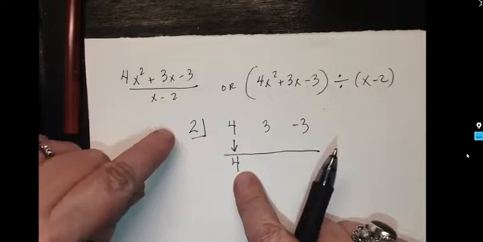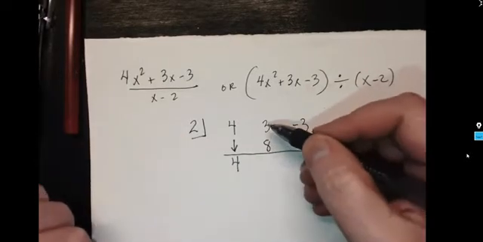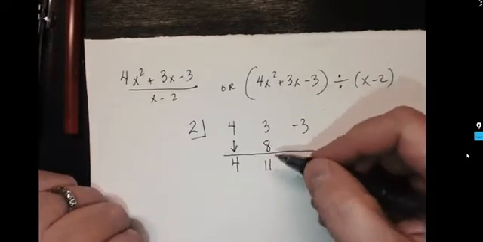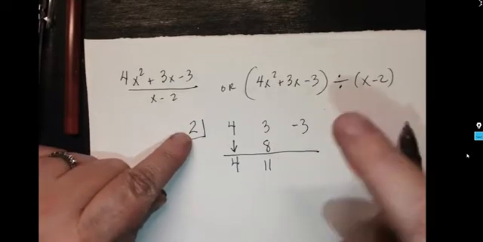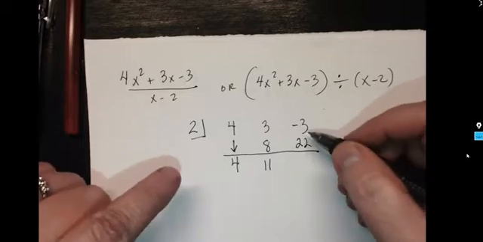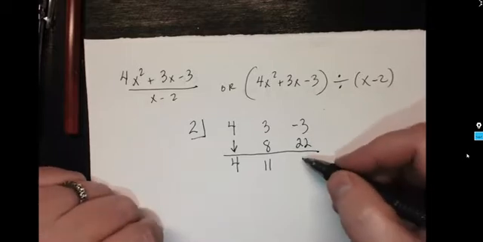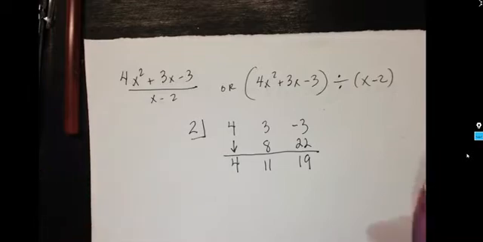And so 4 times the number in the box is 8, and then we add. 3 and 8 is 11. I've just finished my first cycle. Then 11 times 2 is 22, and then we add. Negative 3 plus 22 is 19. Now I'm finished. I've reached the end.